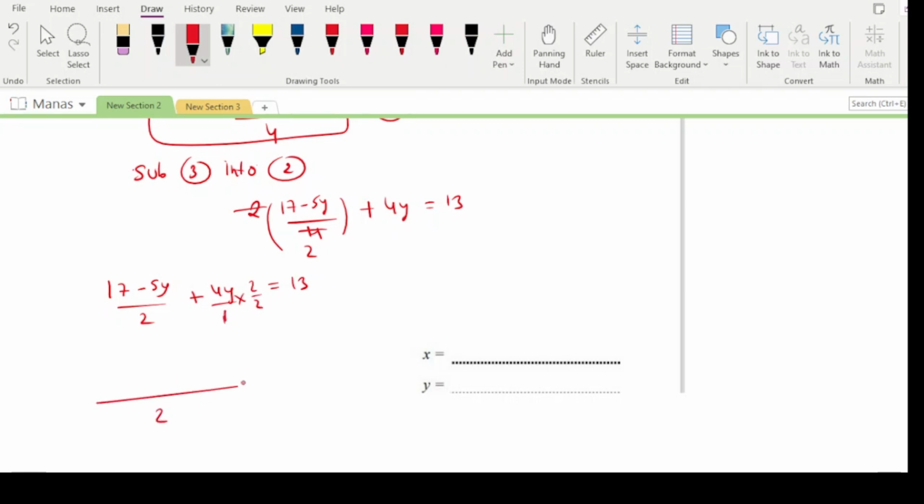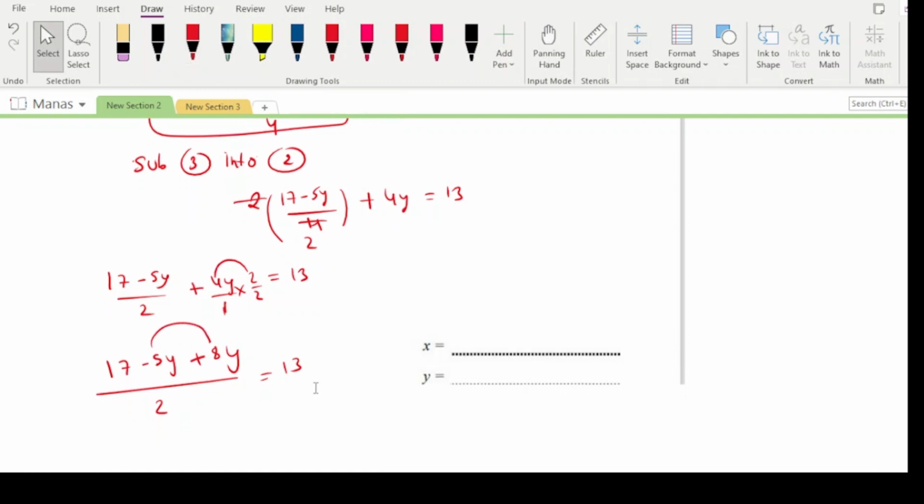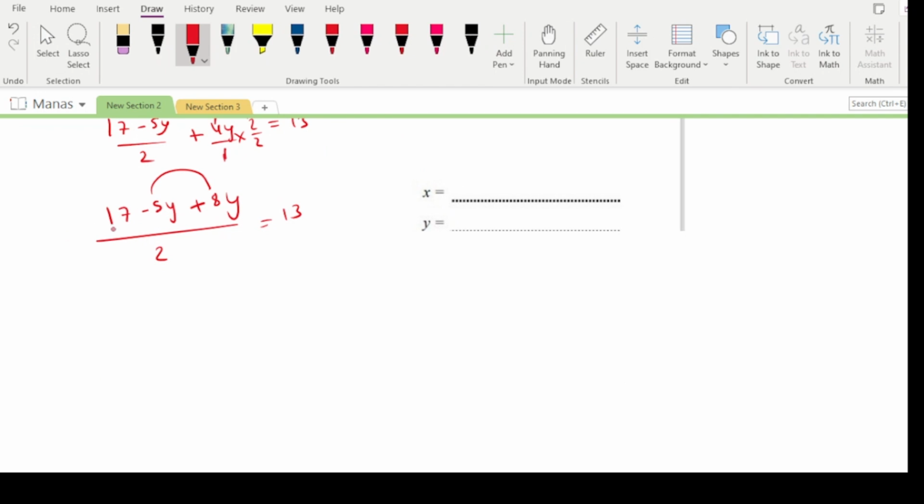So 2 will be the denominator, this will be 13, and the numerator will be 17 minus 5y plus 8y. Why 8? Because 4 twos are 8. Now if you solve this, it becomes 17 plus 3y, because minus 5 plus 8 is 3, upon 2 equals 13.